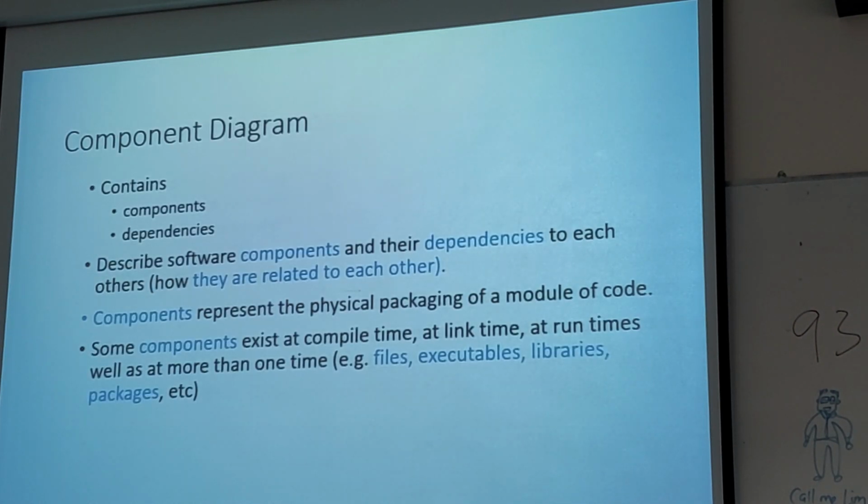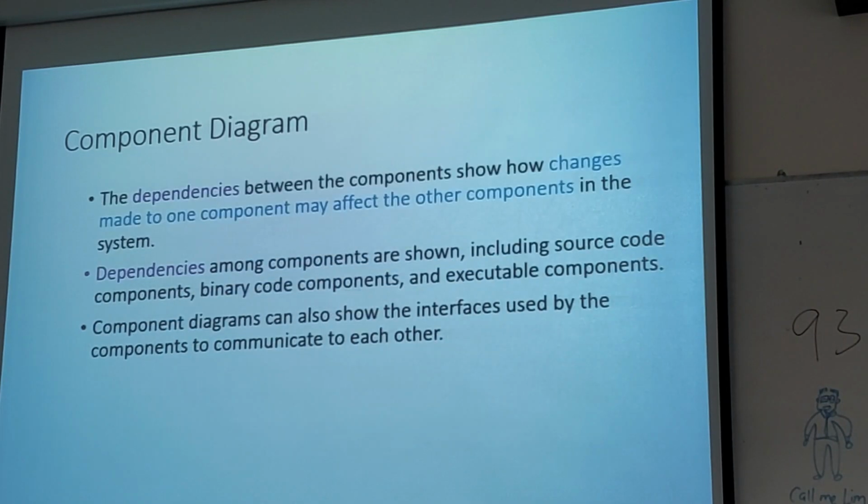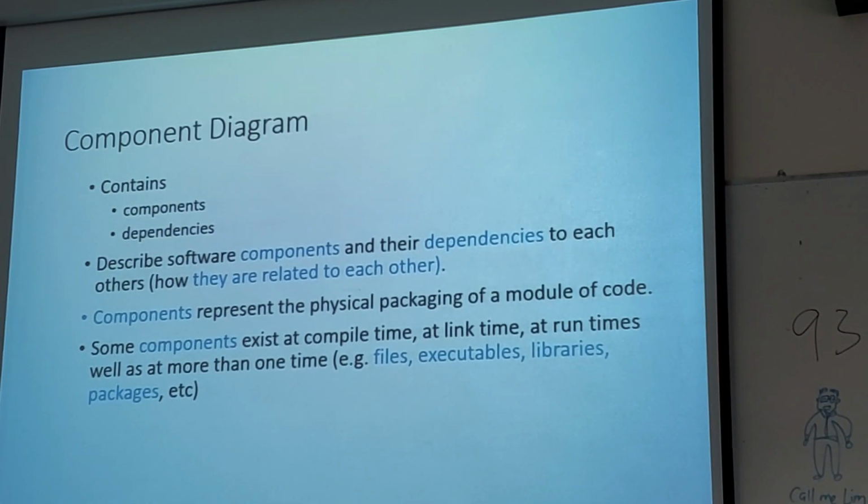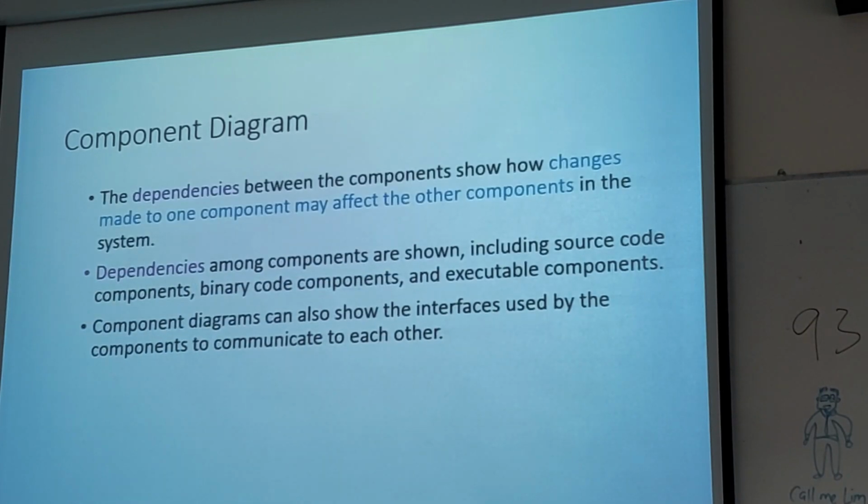The component diagram is used to show the components that make up the system, and also shows their connections or the dependencies between the components. A component can be not only a file; it can be an executable, a library, or packages.